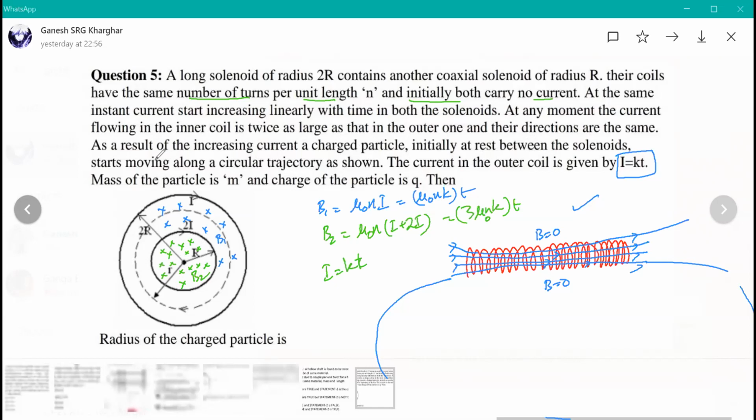As a result of the increasing current, a charged particle initially at rest between the solenoids, so we'll take it as R1 plus R2 by 2 or 3R by 2, starts moving in a circular trajectory. So this small r. When we take this circular path and do the path integration, the integral of E dot dl should be equal to the rate of change of magnetic flux.